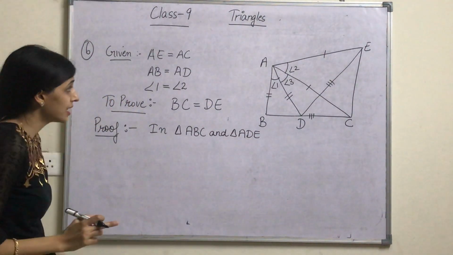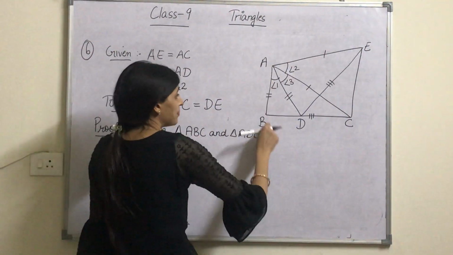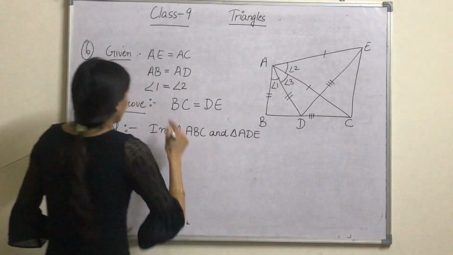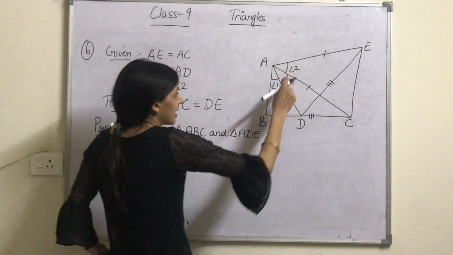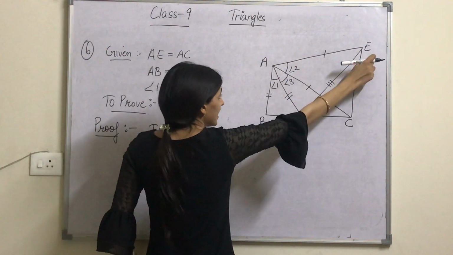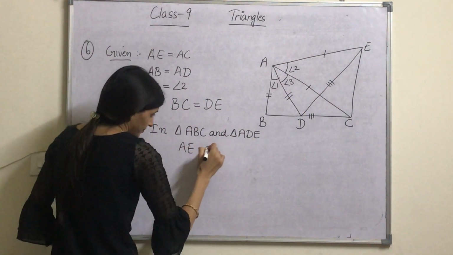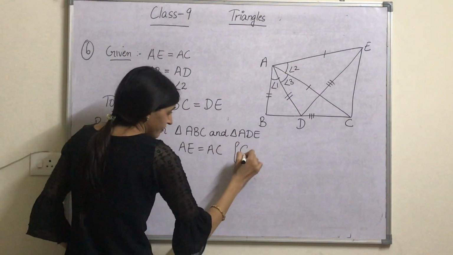If you look carefully in both the triangles, ABC and ADE, AE equals to AC. AE and AC are equal. This is from the given part.